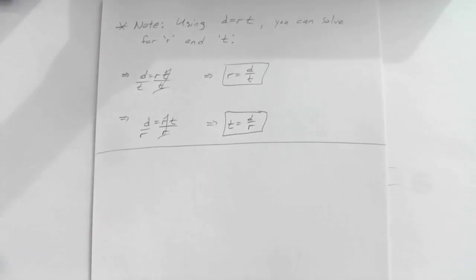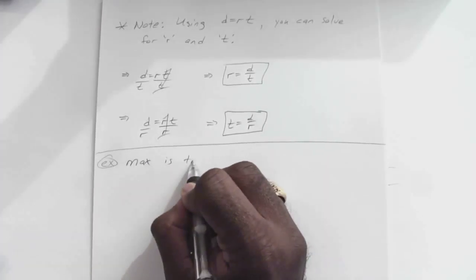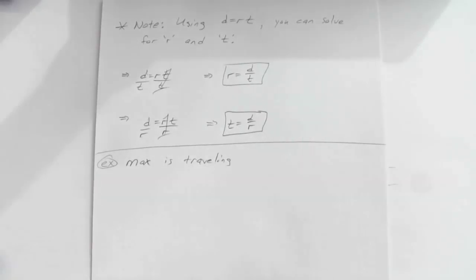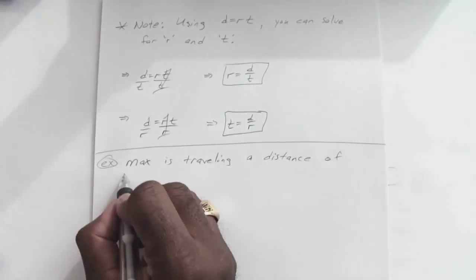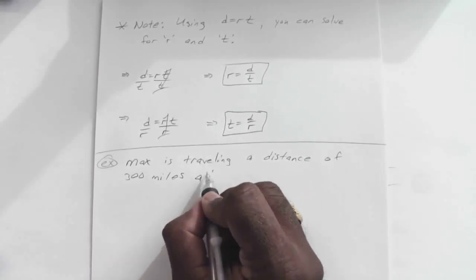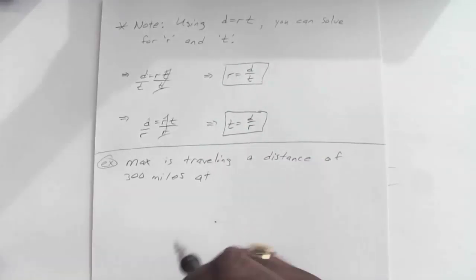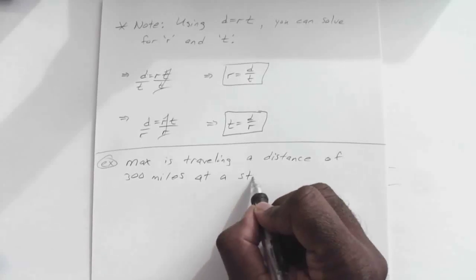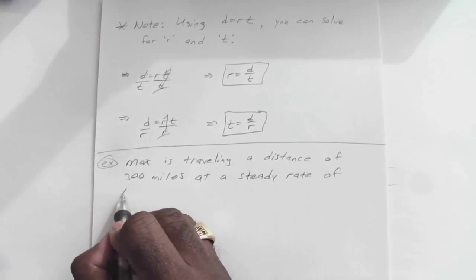All right, so let's say, for example, say Max is traveling a distance of 300 miles at a steady rate of 60 miles per hour.